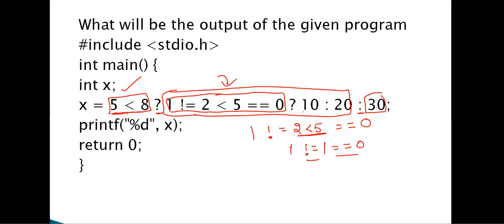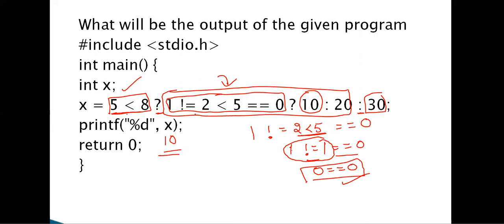That means first we check 1 not equal to 1: true or false? False, because 1 is equal to 1. So the answer is 0. Then 0 is equal to 0: true or false? True. The condition is true. What is the answer? 10. In this way, we have to evaluate. 10 is the answer.